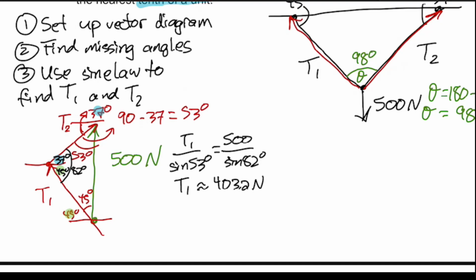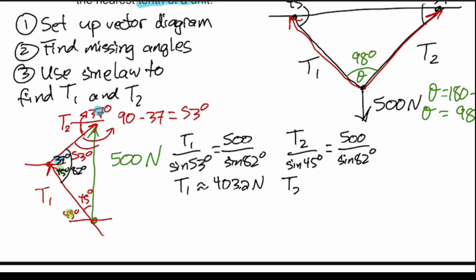So I know the magnitude of that vector. And let's find T2. The angle across from T2 is the 45 degrees. So T2 over sine 45 degrees, and the same second half as last time, equals 500 over sine 82 degrees.